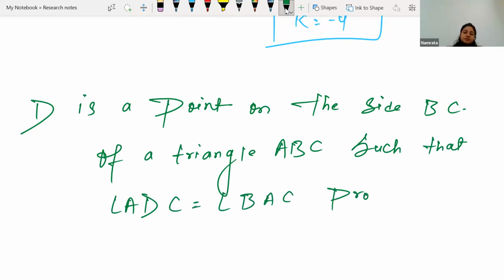Prove that CA square is equals to CB times BD.